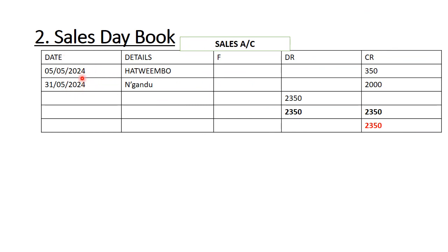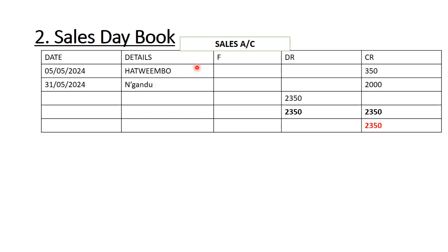Don't worry about the accuracy of the date, but they are going to have the date, the details, which are the names of the debtors or the customers. The folio, you can put the details if you have them here.